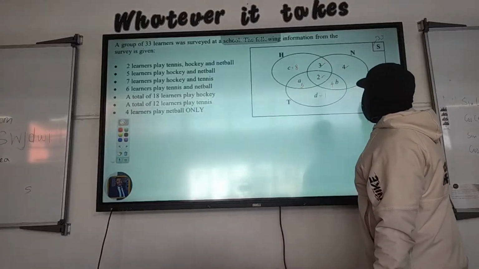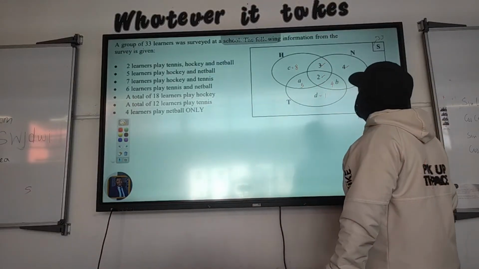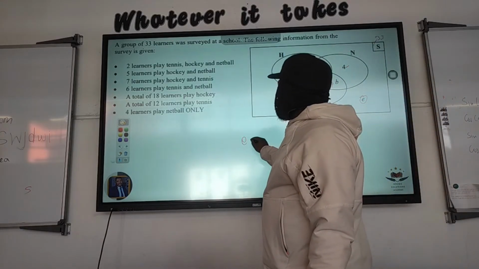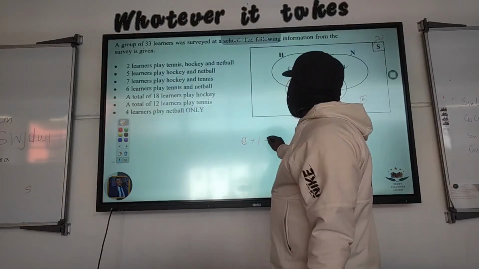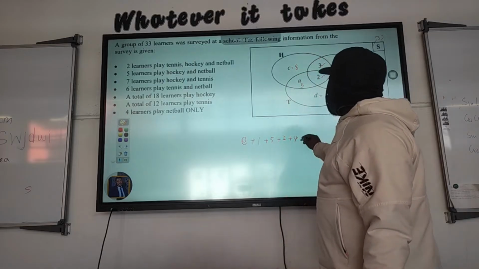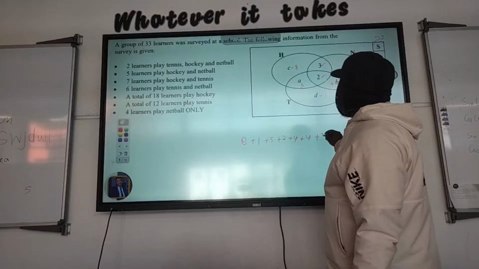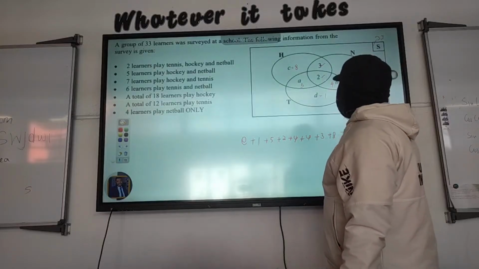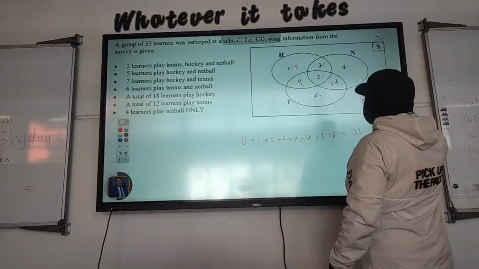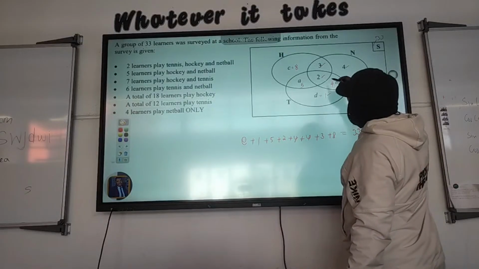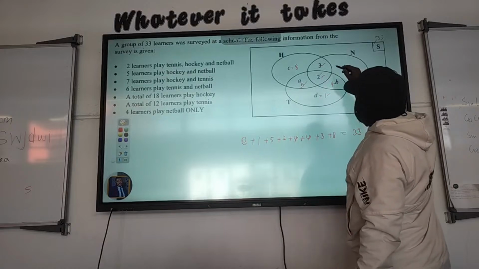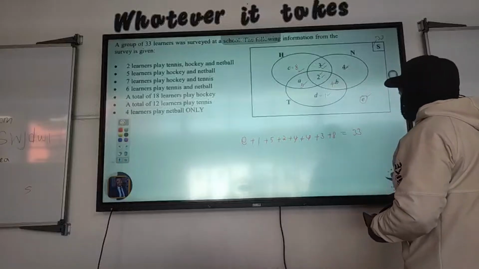So what are we missing? We are missing E. So we're going to add all the numbers and see how much they give us. E plus 1 plus 5 plus 2 plus 4 plus another 4 plus 3 plus 8 must give us 33. Everybody's accounted for.